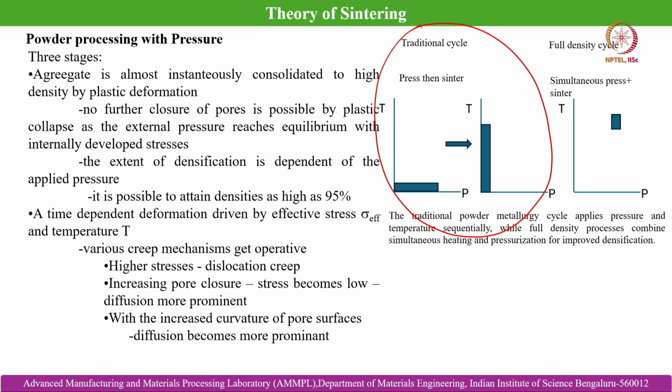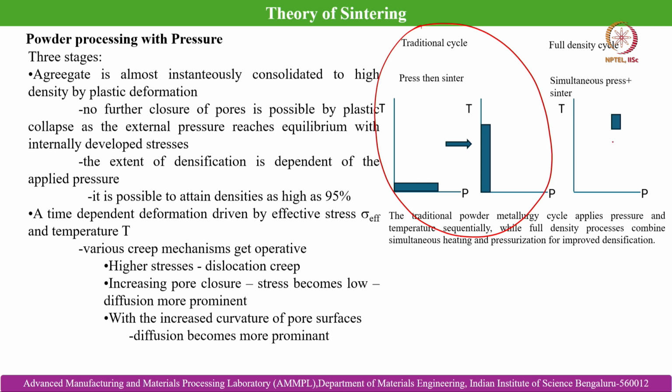The role of applying pressure is just to achieve a higher green density in the powder compact in traditional PM processes. Then the pressurization phase is followed by the thermal heating stage in the traditional cycle, and in the full density cycle we do a combined pressure and temperature assisted process together.